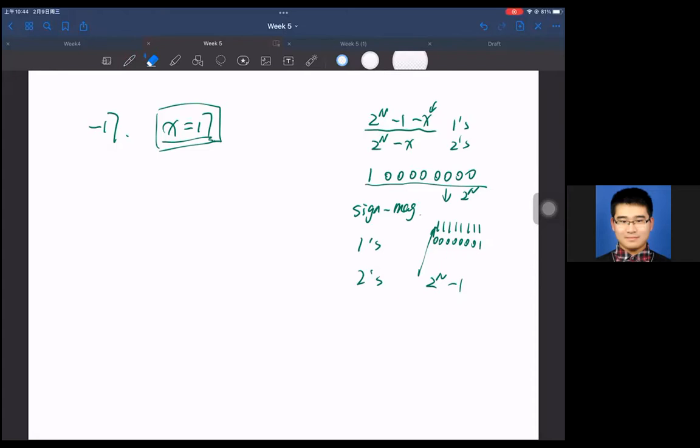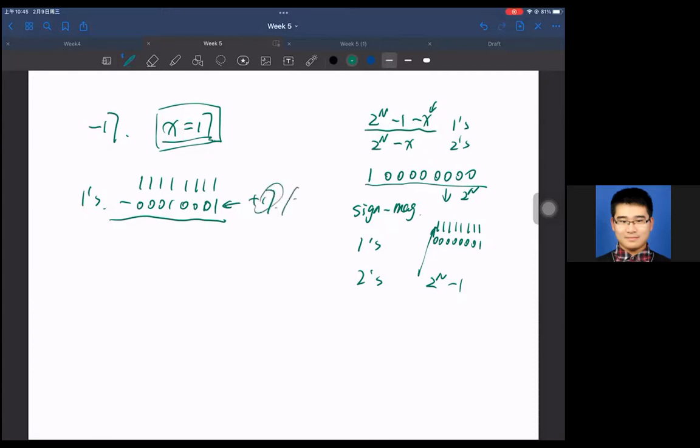So for one's complement, we have 1, 1, 1, 1, 1, 1, 1, 1 minus the number for 17, which is plus 17 or x, and this is 2 to the n minus 1. So what we get is 0, 1, 1, 1, 1, 1, 1, 0.